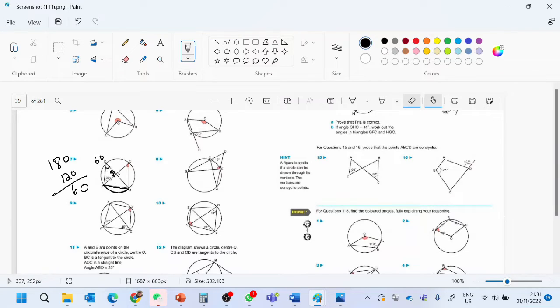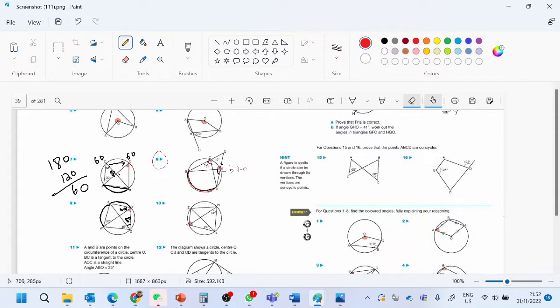If this angle is 60, that means these two angles are equal. So this angle is also 60, because the theorem says that the angles subtended by an arc are always equal, are always the same. So if this is 70, that means this one will always be 70.